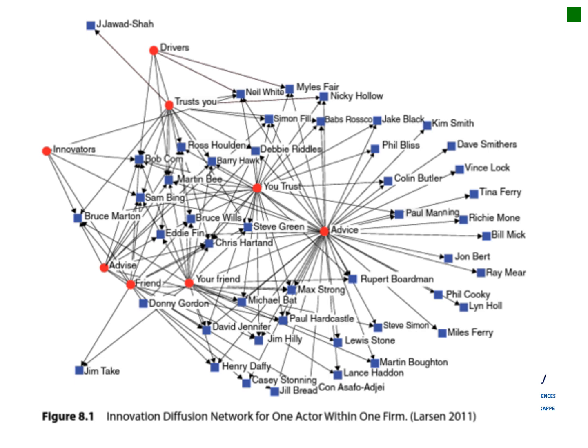So diffusion in networks is the first one that we're going to look at. So, innovation diffusion networks for one actor within one firm. Basically they're looking at a person, which is you, and then advice coming from the suppliers and architects or innovative people, or guys that have worked on previous projects with information.